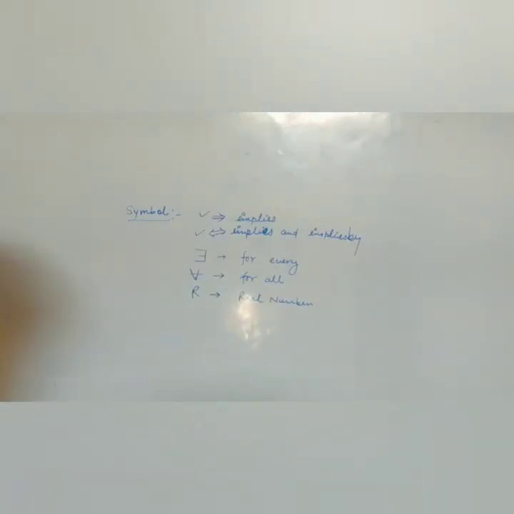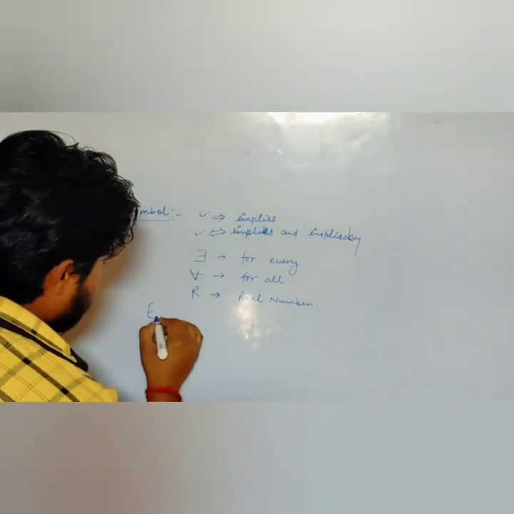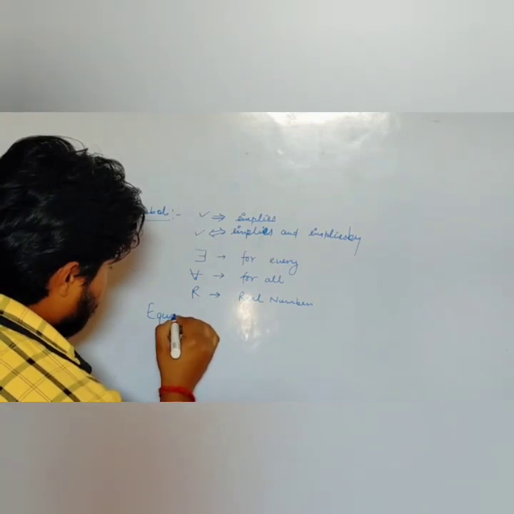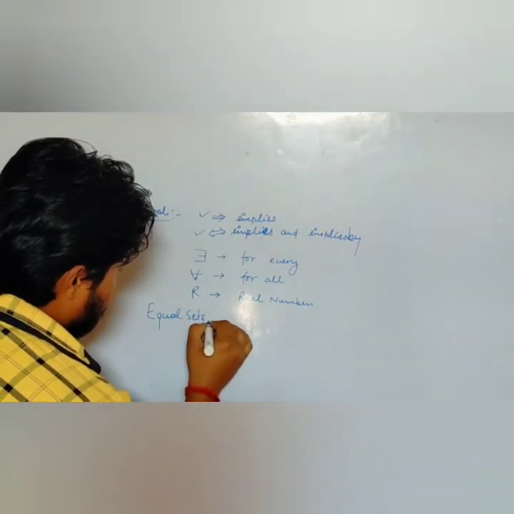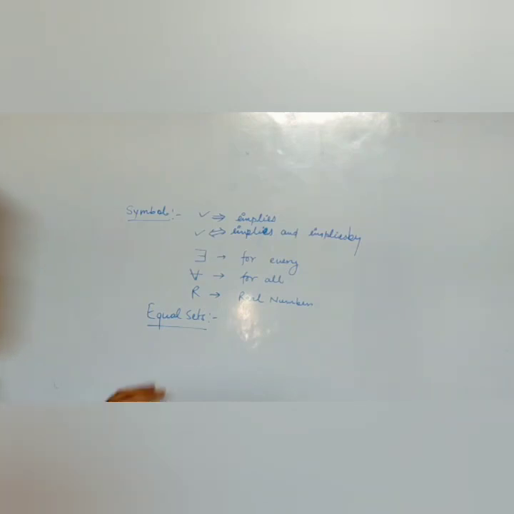Next is equal sets. We talk about equal sets, going by the definition.